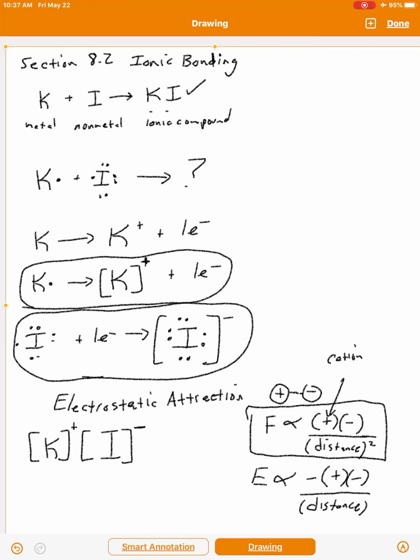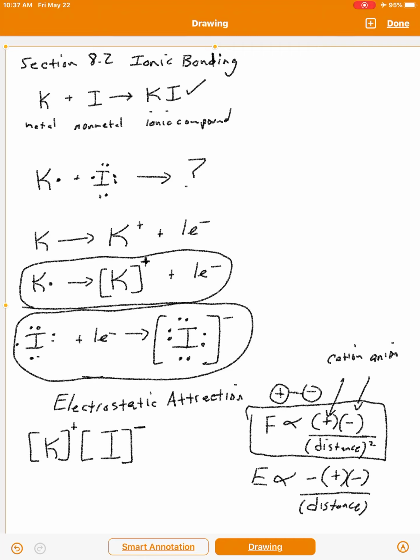So if it has more positive charge, like +2 or +3, that number is larger, times the amount of negative charge that the anion has, -1, -2, -3, divided by their distance, which in a sense is how big they are. The bigger they are, the further their centers are from each other. Okay? So those are the three variables in determining how much energy of attraction, how much force of attraction the two of them have.